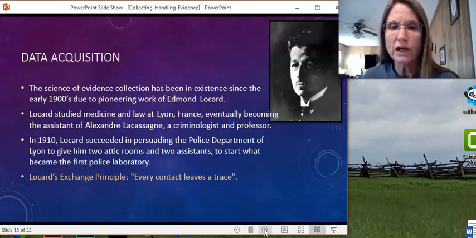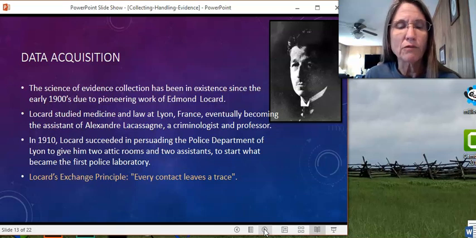Locard studied medicine and law in France and joined forces, so to speak, with a renowned criminologist of the day, Alexandre Lacassagne, and in 1910, Locard, I guess, pulled some strings, did some convincing, and persuaded the Lyon, France Police Department to give him some space and a few assistants, and he started one of the very first police crime laboratories.